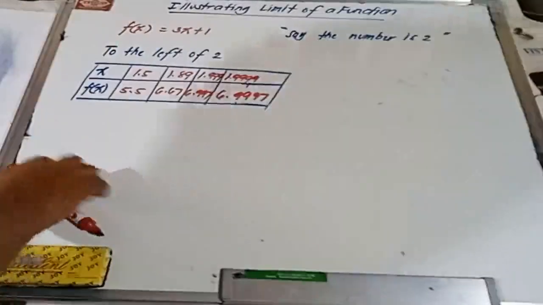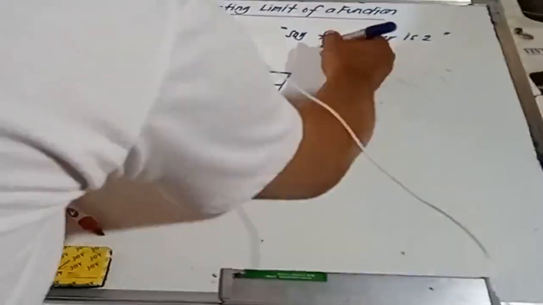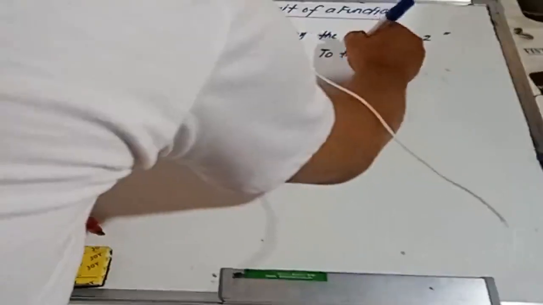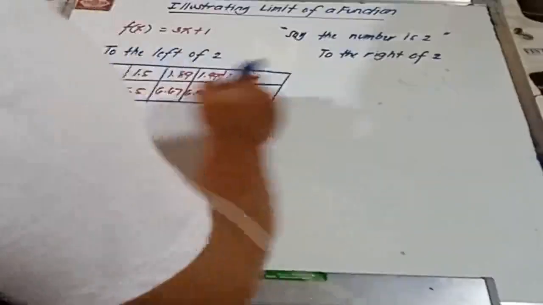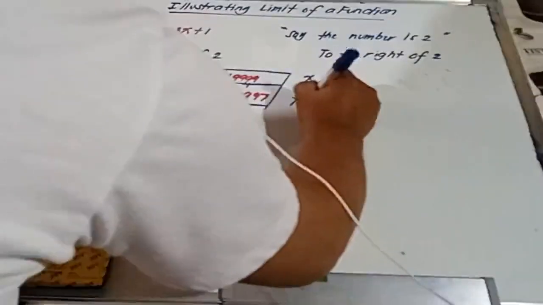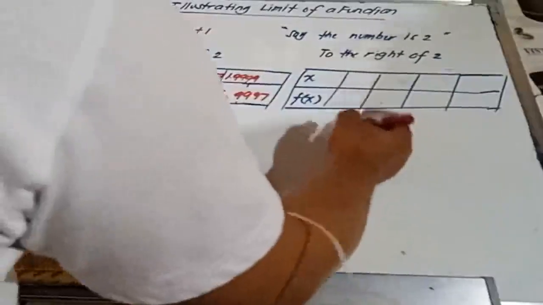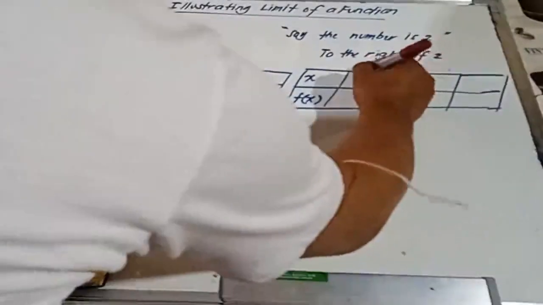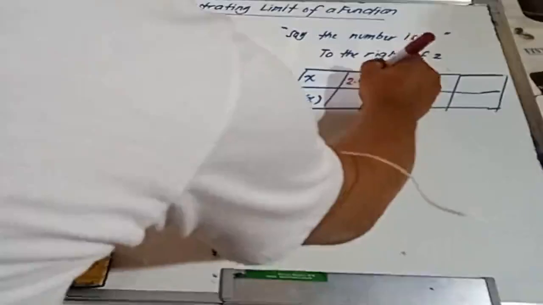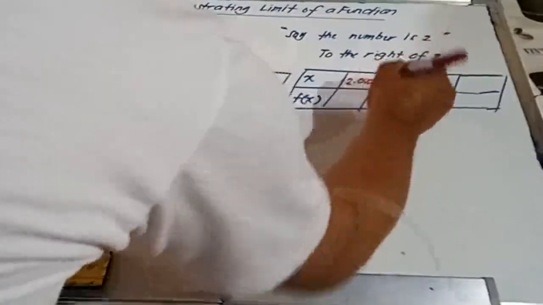How about to the right of 2? Tingnan natin kung anong nangyayari. Okay, gawa tayo dito ng table of values. Let's say this is 2.009, then 2.001.